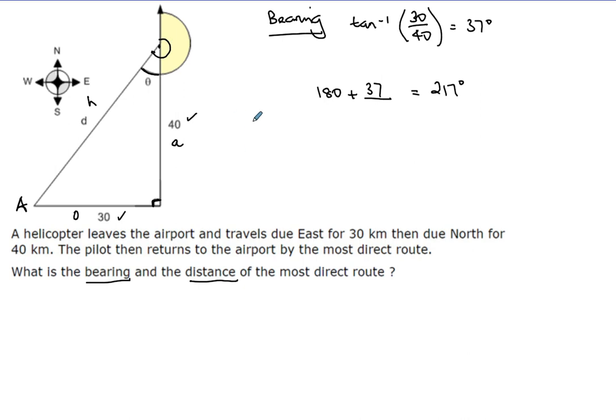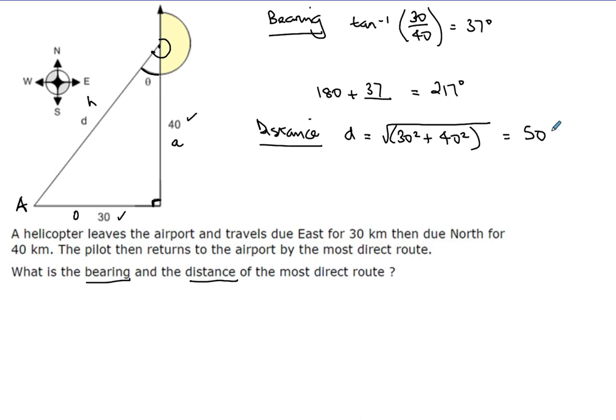And then the distance, which is the D. You can tell it's Pythagoras. So we can say D equals, and because it's the longest side, we're doing 30 squared plus 40 squared. And when you put that on your calculator, you get 50 kilometers.